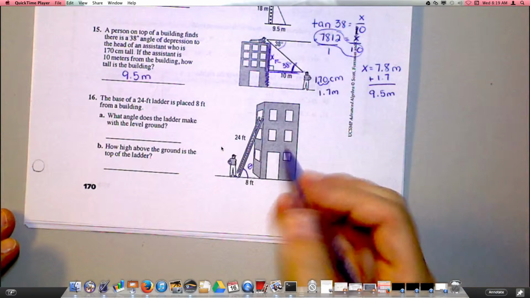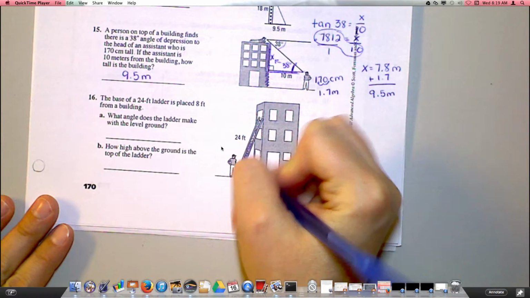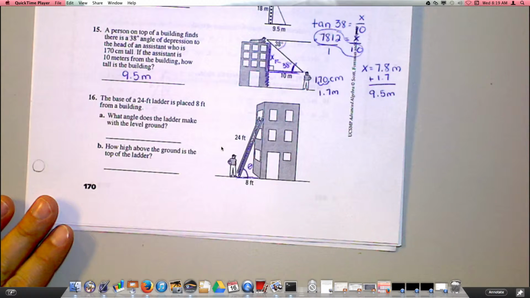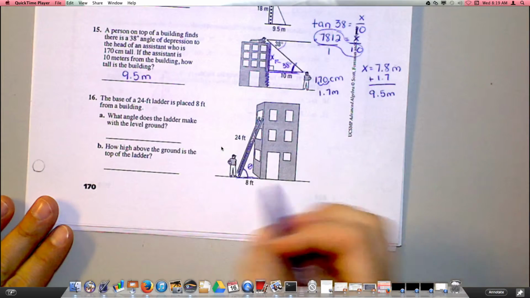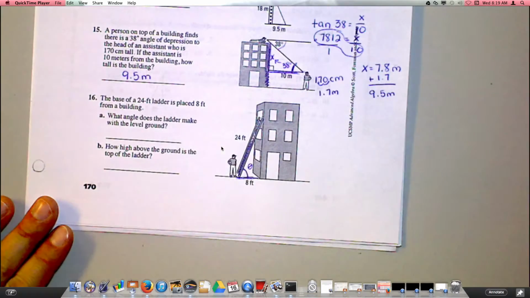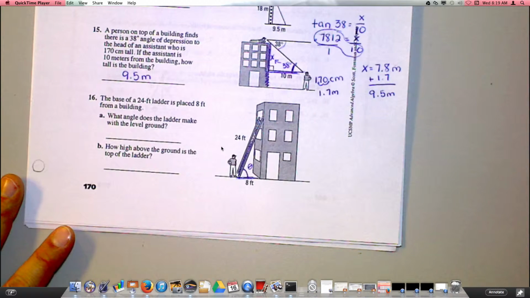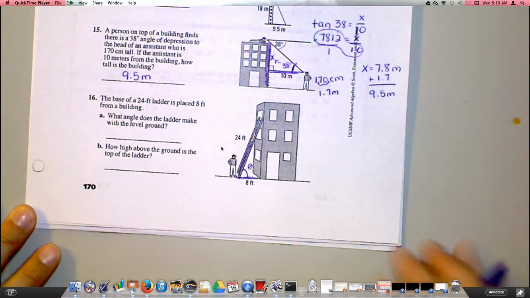All right, what trig function would work with this side and this side from that angle? Which trig function is that? What's this side compared to that angle? That's adjacent, and this is the hypotenuse. Adjacent and hypotenuse is cosine, yeah, cosine.